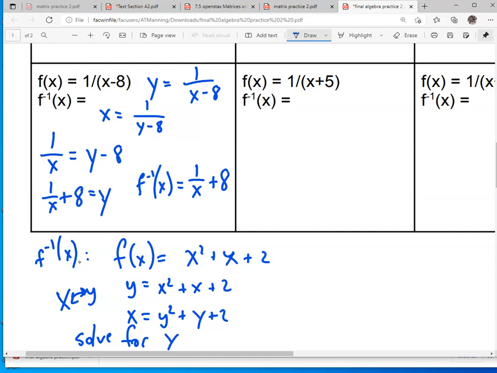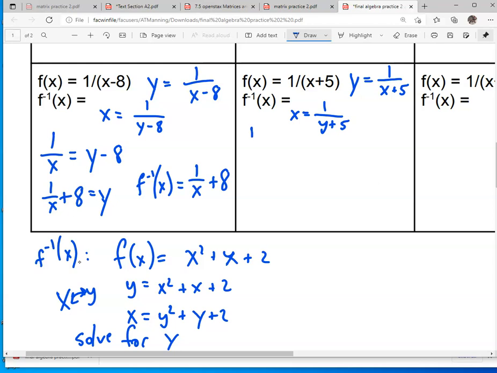Let's do that again for this one. y equals 1 over x plus 5. Just like we did before, I have to swap x and y. Now I get x equals 1 over y plus 5. Do the same thing: inverse both sides. Because I want to get y by itself and not underneath, I know taking 1 over both sides will still be equal.